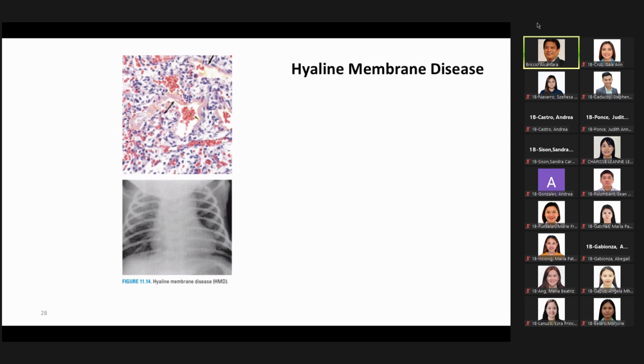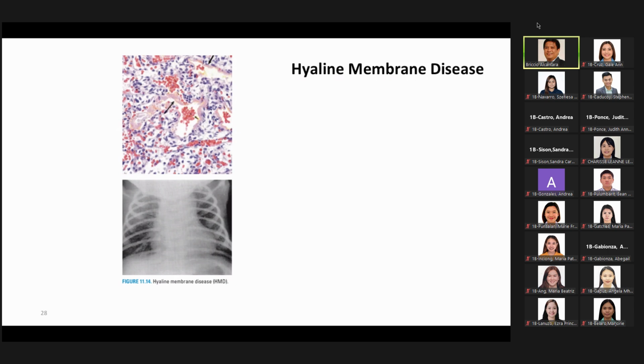They will damage the type 2 pneumocytes, and in multiple birth infants. The clinical features now will be dyspnea, tachypnea, inspiratory retraction of the chest wall, expiratory grunting, cyanosis, and nasal flaring.